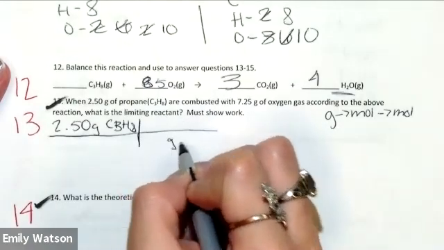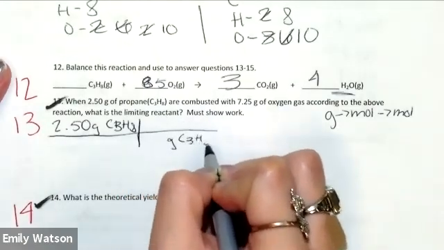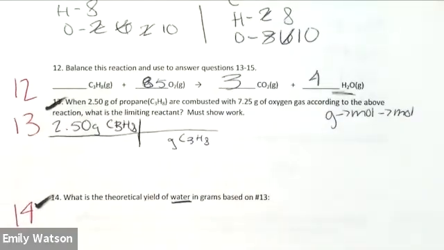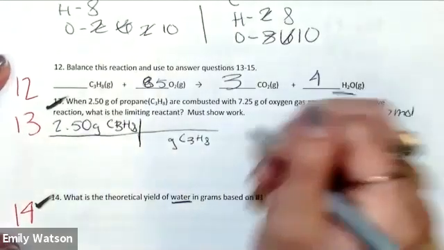The molar mass. What's the molar mass? Someone calculate that. 3 carbons and 8 hydrogens. I'm going to do 44.1. Does that work for you guys? To keep it at 2 decimal places.